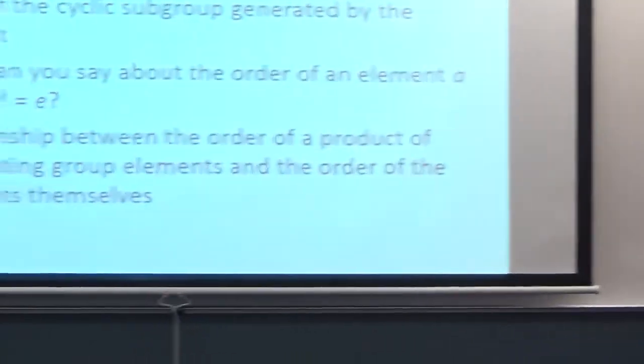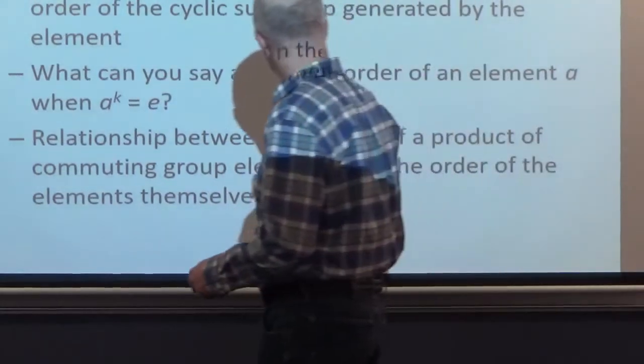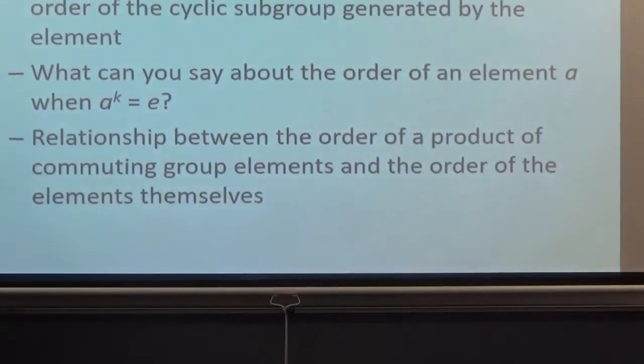There's a corollary about the relationship between the order of the product of two commuting group elements and the order of the elements themselves.